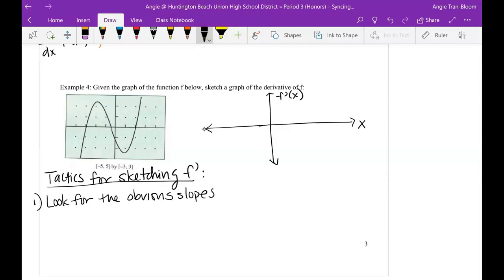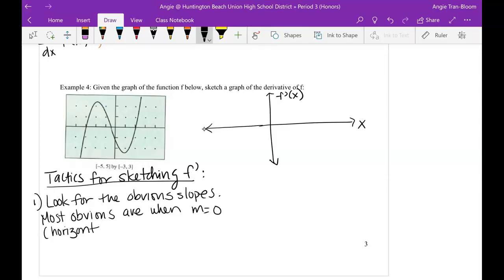Most obvious are when the slope is 0. The slope is 0 means I'm looking at a horizontal tangent. Remember this? We talked about this before in our last unit. Horizontal tangent is when the slope is 0.